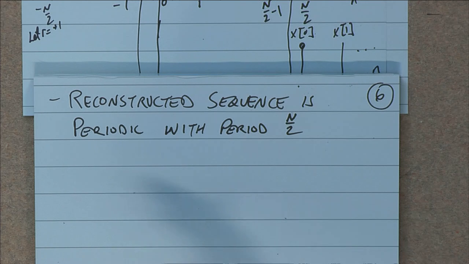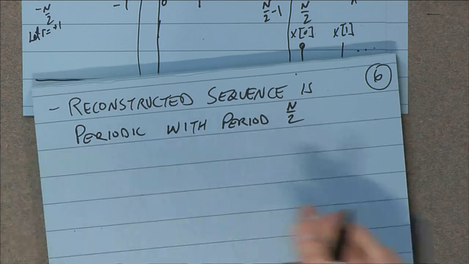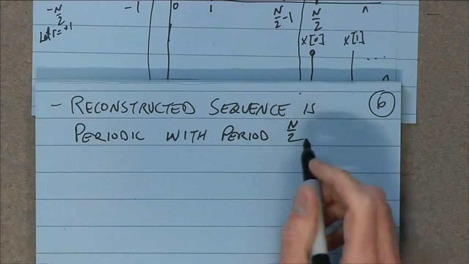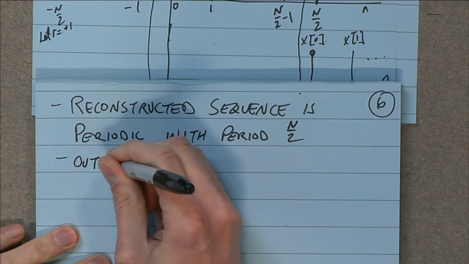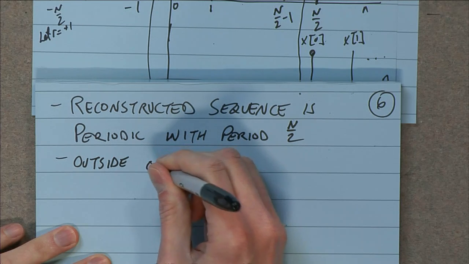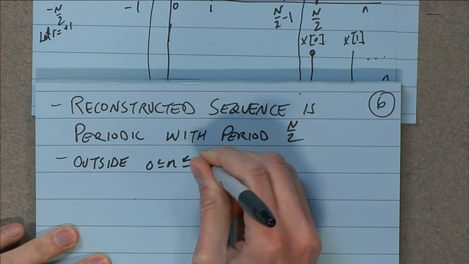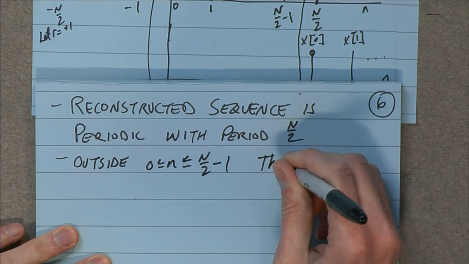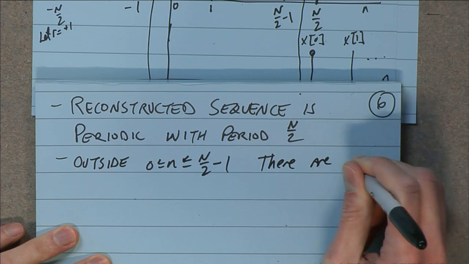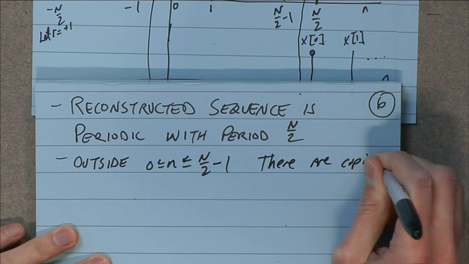So that's good because we took n over 2 samples of x, e, j, omega and then reconstructed it, so we had to have a periodic sequence with period n over 2. So another way of just saying that is outside 0 to n over 2 minus 1, there are copies, right?